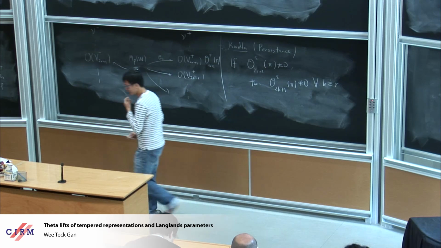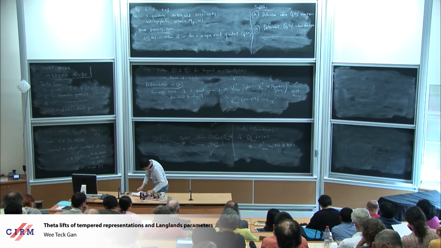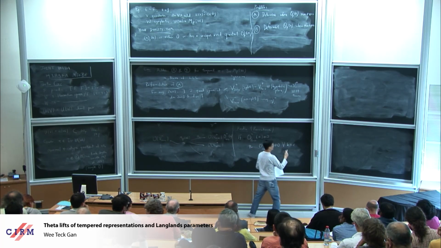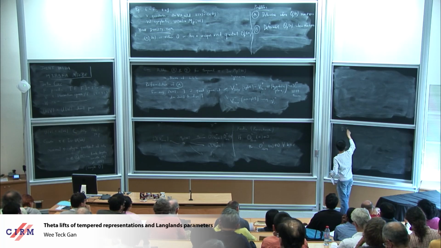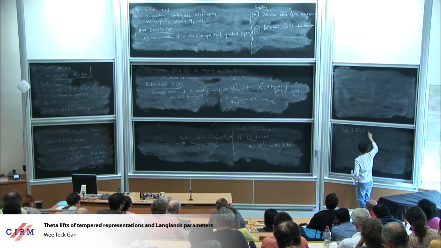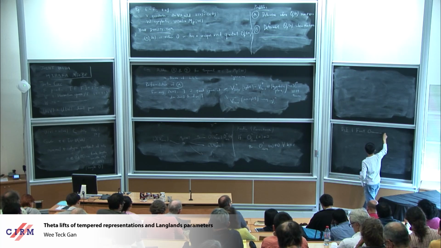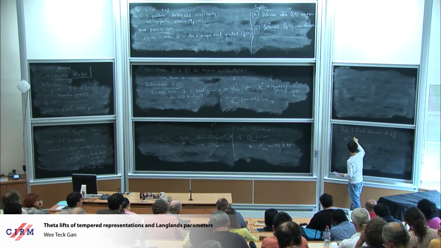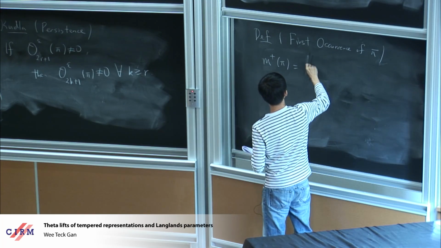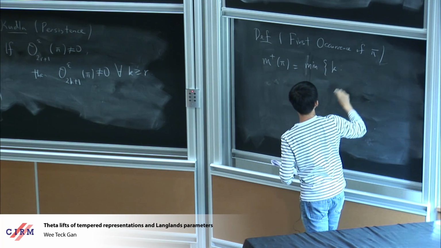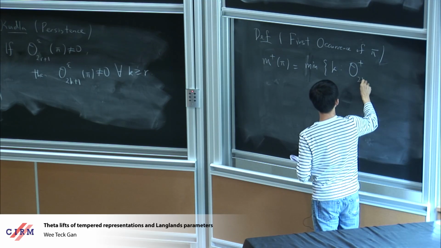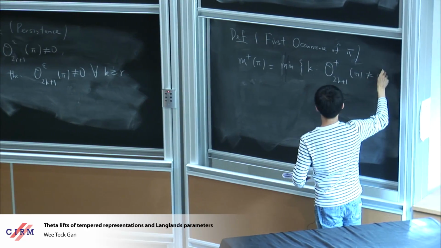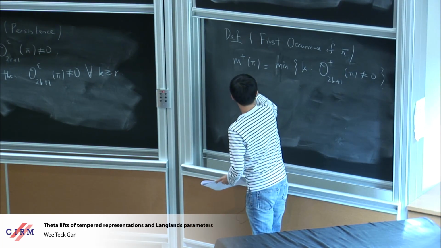Let's define m plus of pi to be the minimum of k such that the theta lift to O(2k plus 1) is not 0. And likewise for the minus tower.